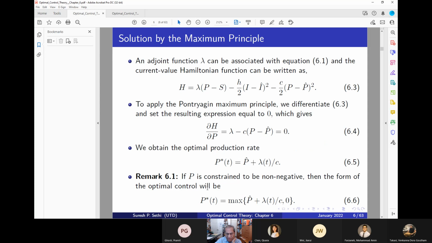And so usually we want production to be non-negative. If that's the case, then P star of t has to be the max of this and 0. But this could be negative, in which case I would use the zero production rate. That creates a lot of mathematical problems.